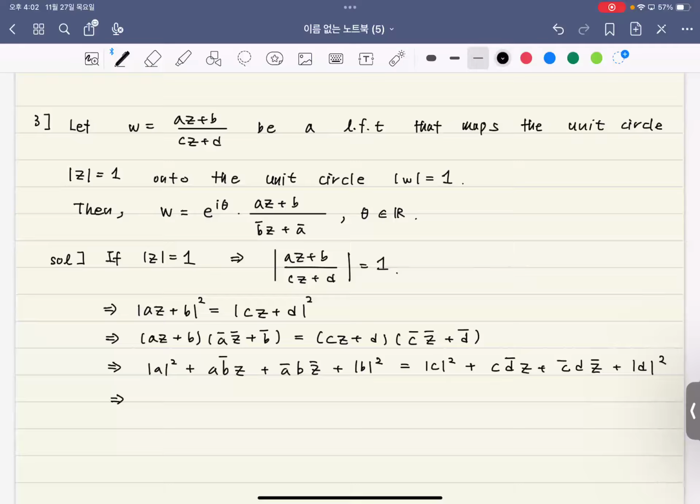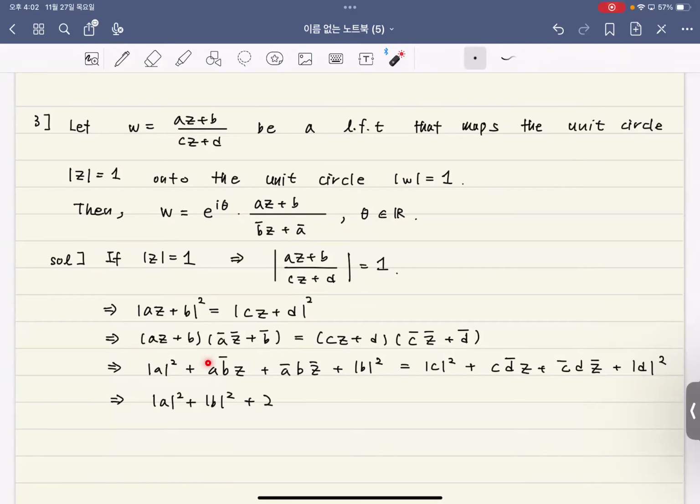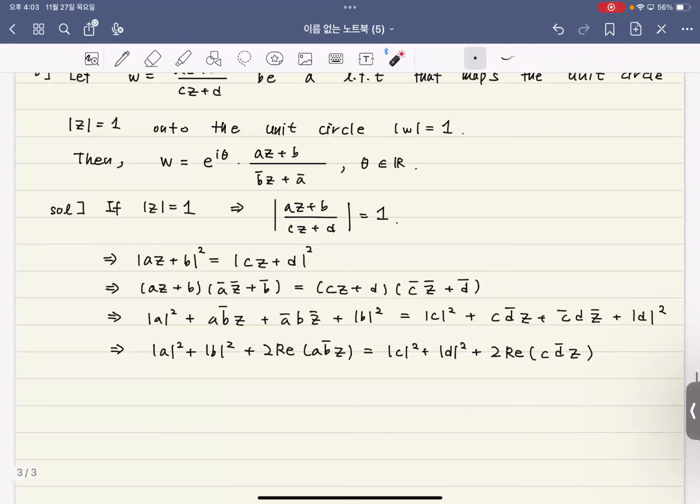Getting a little bit complicated, but still doable. You must be able to recognize that these two are complex conjugates of each other. Adding two complex conjugate numbers is nothing but 2 times the real part of this number. So we get A squared and B squared plus 2 times the real part of A B bar Z, equals C squared and D squared plus 2 times the real part of C D bar Z. This condition is true for all such complex numbers Z.